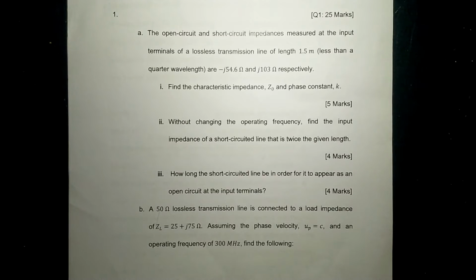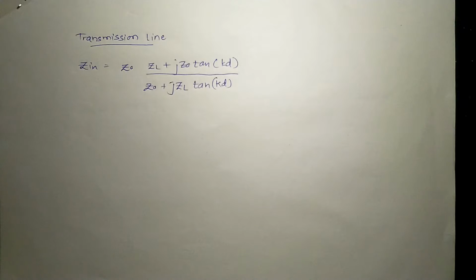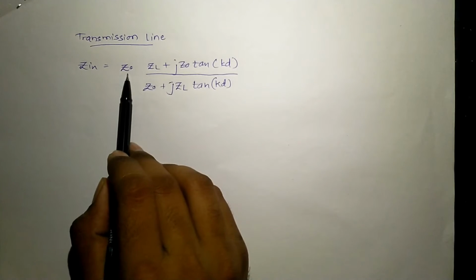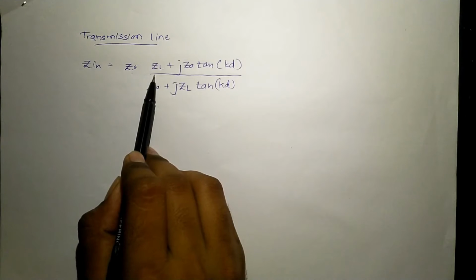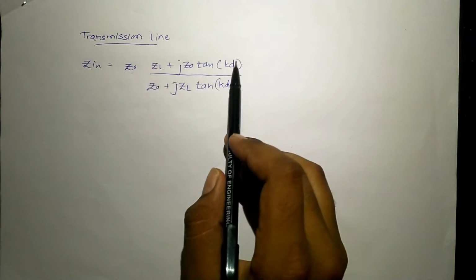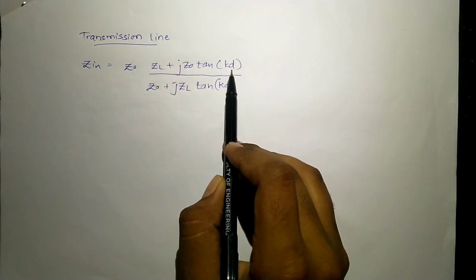What they are asking first is to find the characteristic impedance Z0 and phase constant K. For that, we only need the input impedance equation. Here Z0 is the characteristic impedance while ZL is the load impedance. Here K is the phase constant while D is distance.